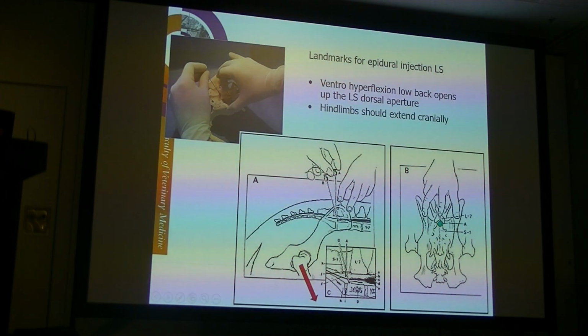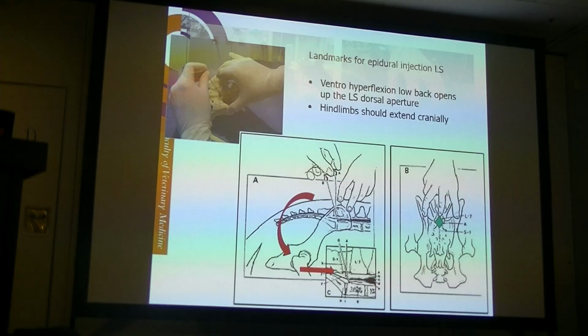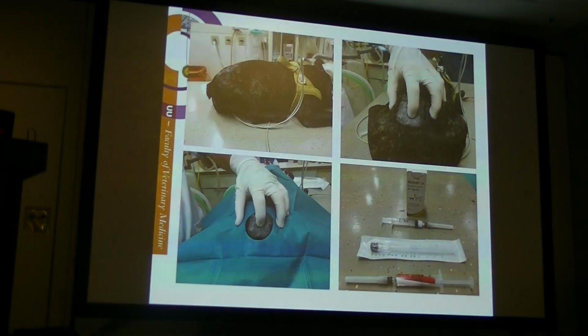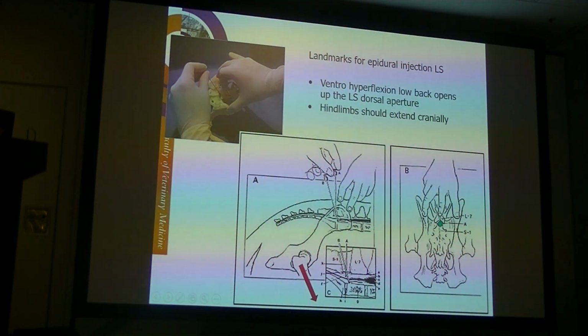And what is important is that we flex the hind limbs forward. By flexing the hind limbs forwards, we open the epidural space here, or I should say the natural opening between the lamina of L7 and the lamina of S1. So in a neutral position, this is your opening, your window for your injection.